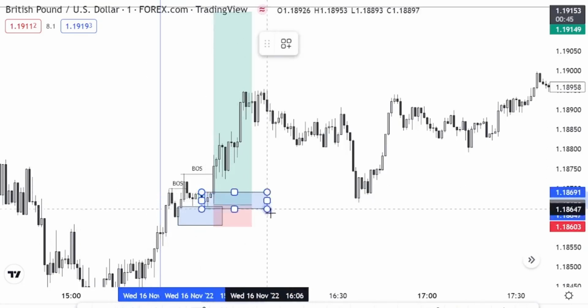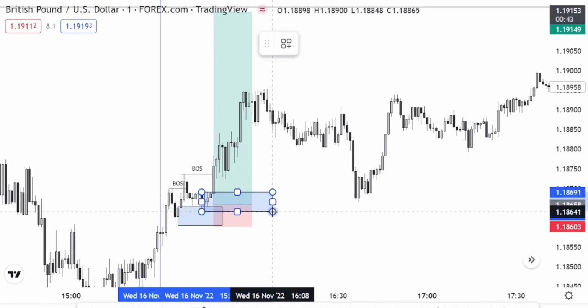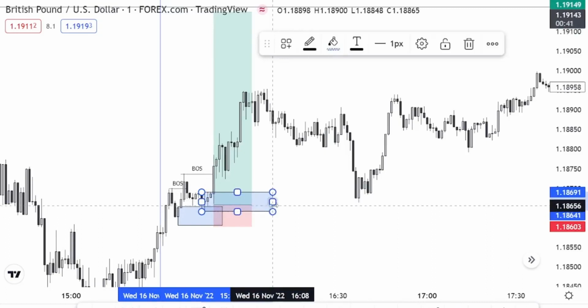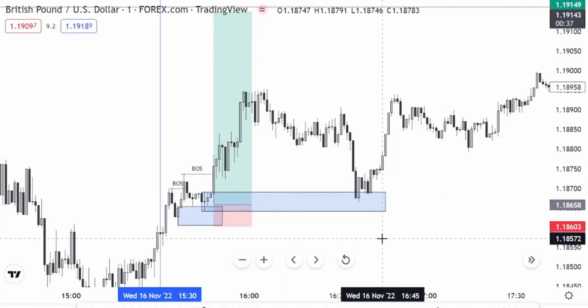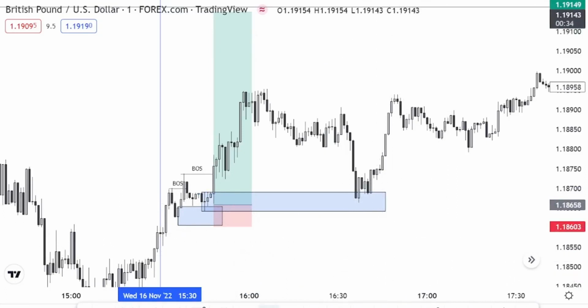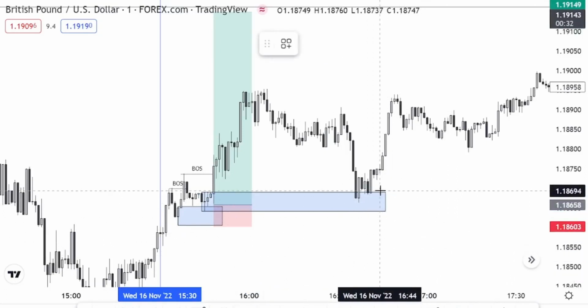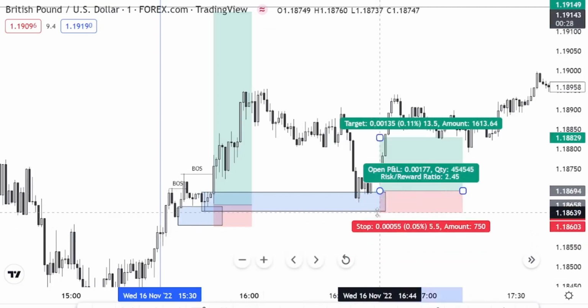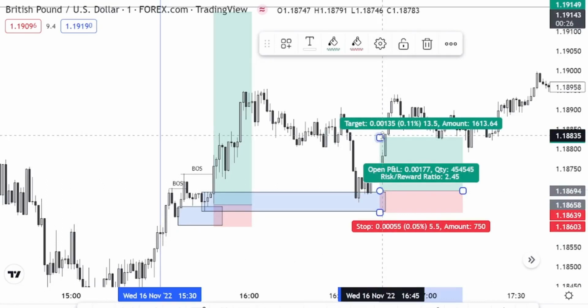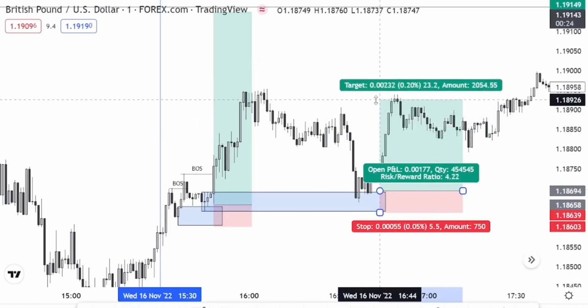Very simple but powerful strategy, guys. As you can see, price came straight to that point. If we frame this trade, let's see what we would have gotten.